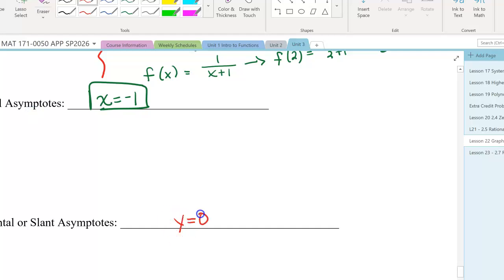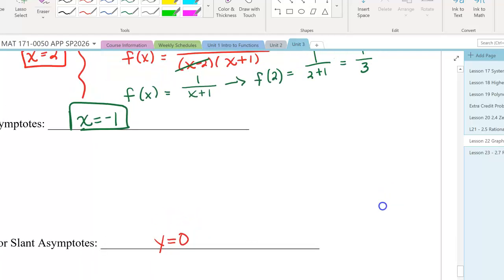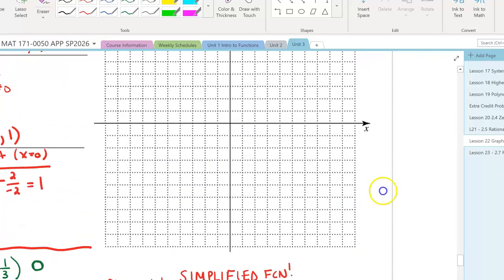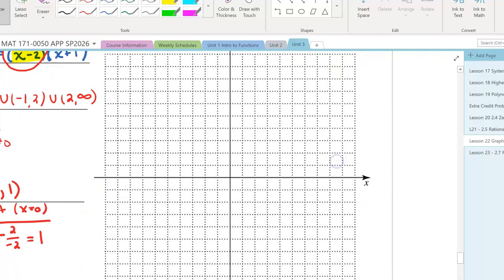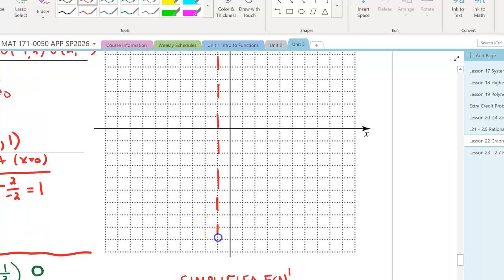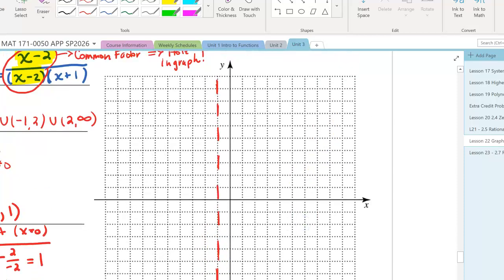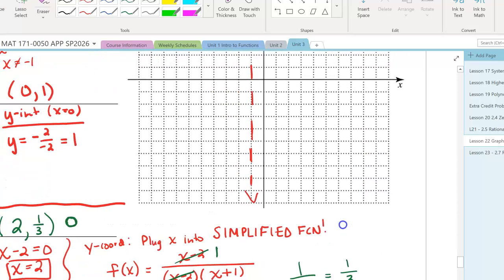All right, so let's graph what we do know. So we have a vertical asymptote at x equals -1. So I'm going to draw a dashed line there. I have a hole at 2, 1/3.